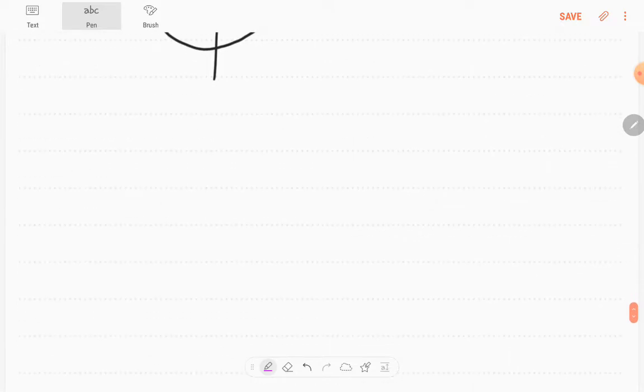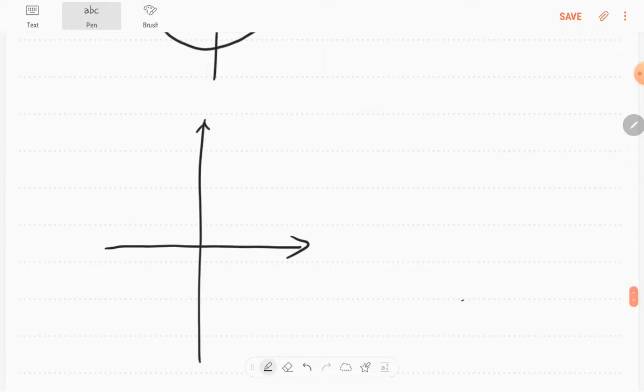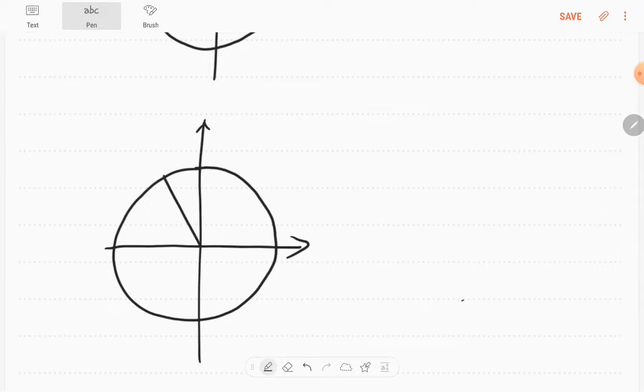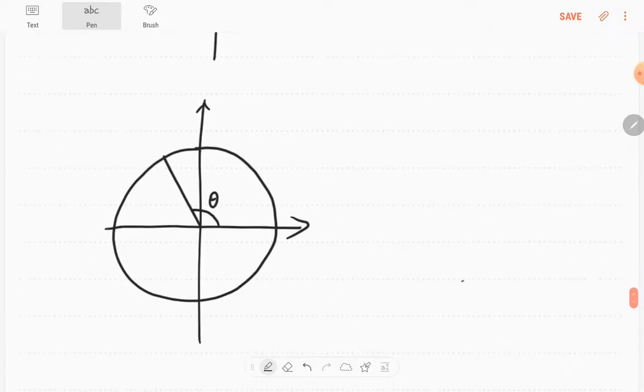If you have still the same circle, and this is theta, and this radius is r, from here to here is r.